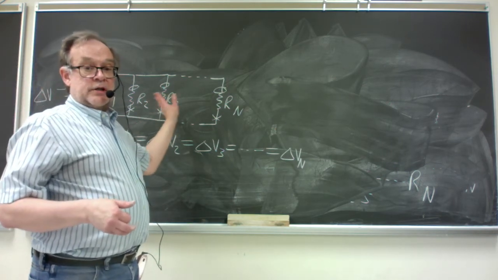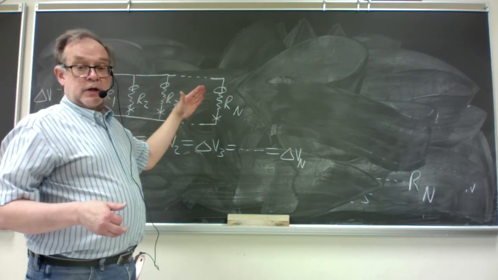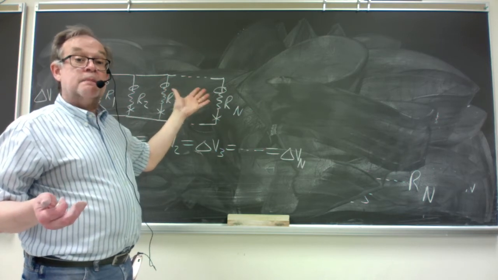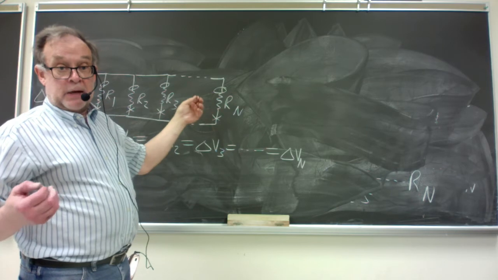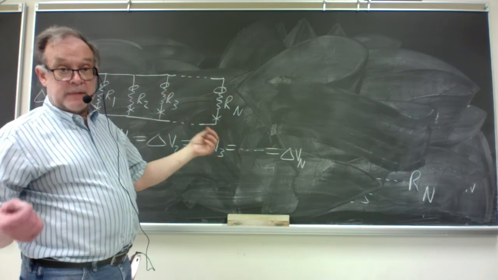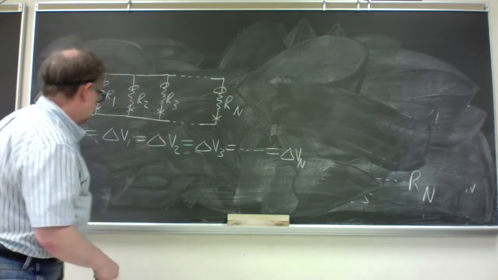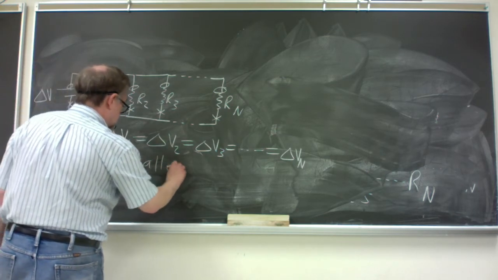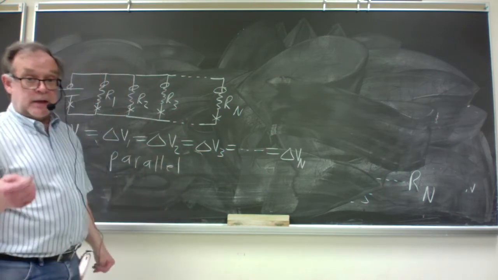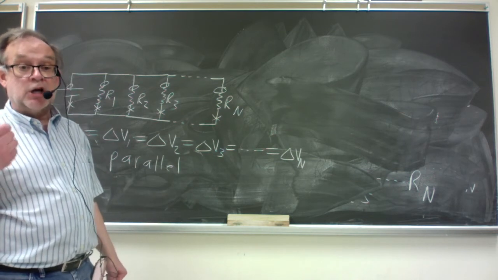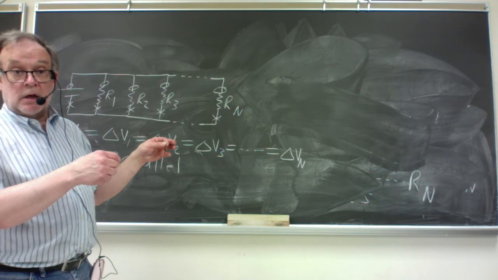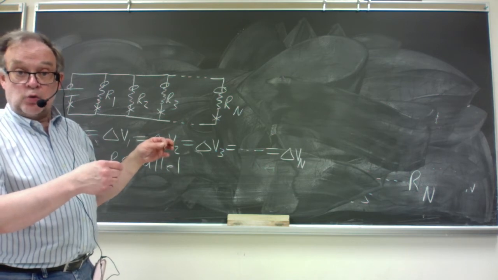A situation like this where circuit elements have the same potential difference, we call that parallel. Parallel means they have the same potential difference. In other words, they have the same potential difference because the corresponding sides are connected by nothing but ideal wire.